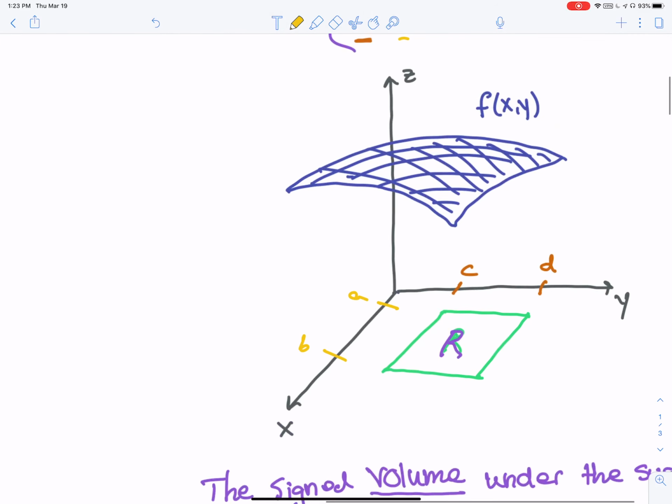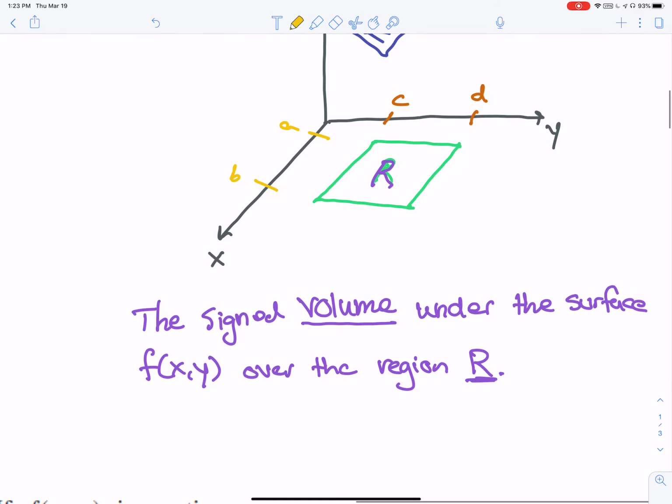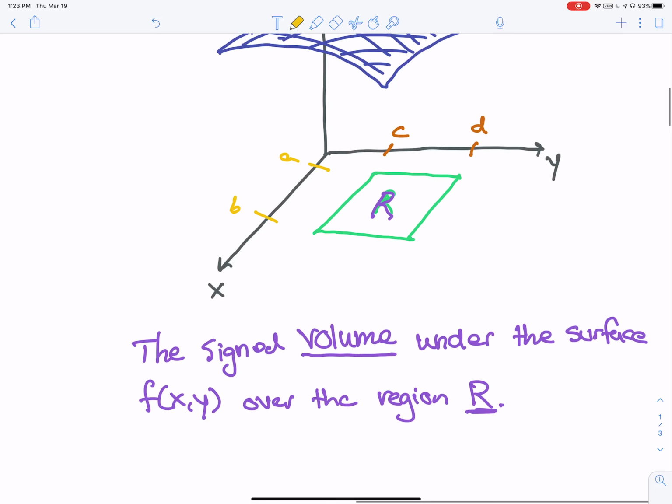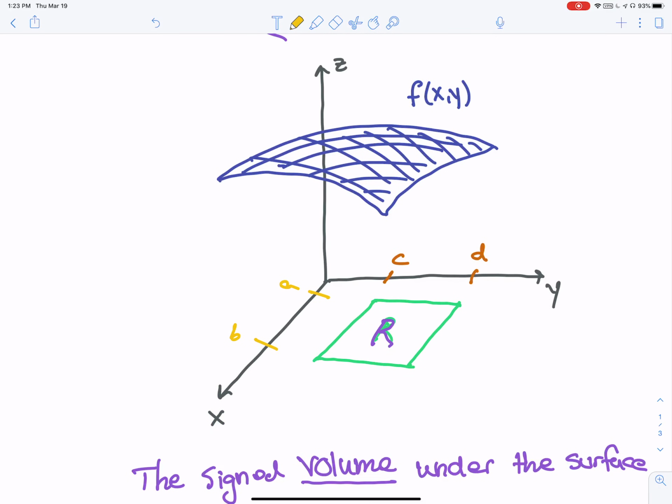And you can actually draw this. What the volume over the region R under the surface looks like is you're really finding the volume of this. It would, in this case, kind of look like this rectangular prism with kind of this curved top. It would have an irregular top. So let's see, it would kind of look something like this.